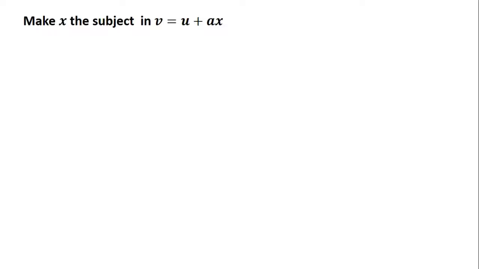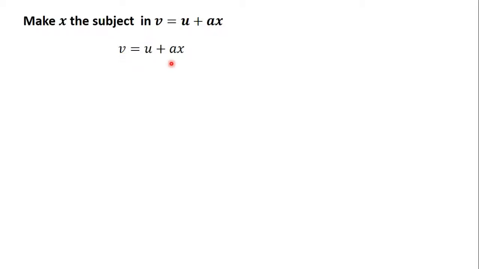Make x the subject in v is equal to u plus ax. That's our question: v is equal to u plus ax, and we are supposed to make x the subject. In the previous video we explained that in a formula like this, v is the subject.